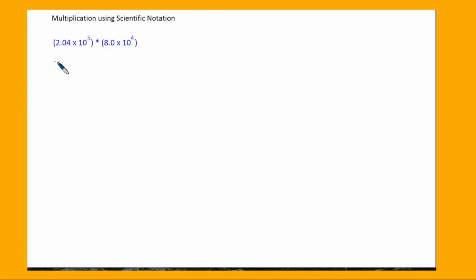Okay, let's start with an example of how to use scientific notation to multiply two numbers. I have 2.04 times 10 to the 5, and that's multiplied by 8.0 times 10 to the 4. Also, I am using the asterisk here to represent multiplication.